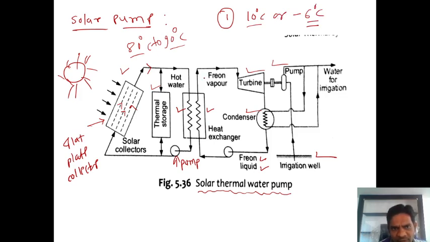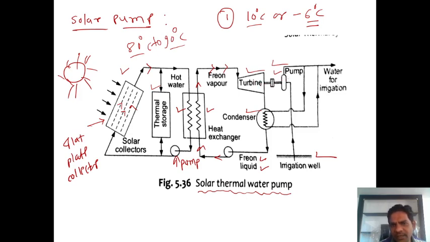And there is water which has a very high temperature, 80 to 90 degrees Celsius. So there is an exchange of heat from this water to the freon liquid. This freon liquid is converted into freon vapors. Okay, then after that these freon vapors strike the turbine. The turbine is connected with a pump here, if you observe, right? It is not connected with a generator, the turbine is connected with the pump.